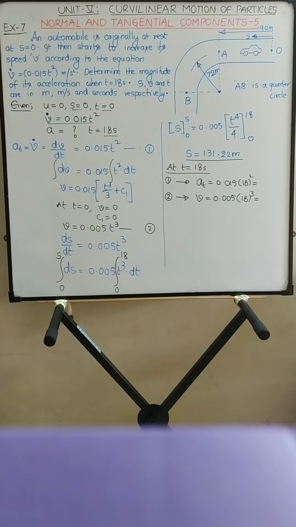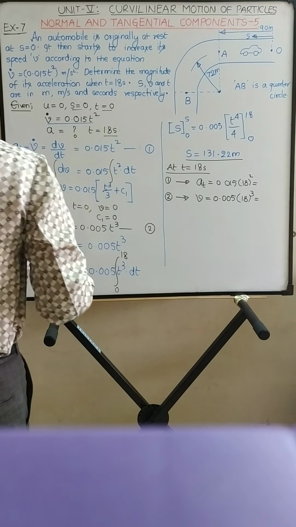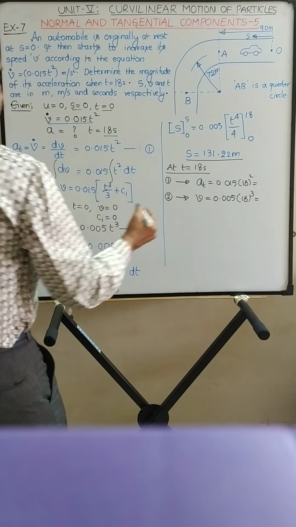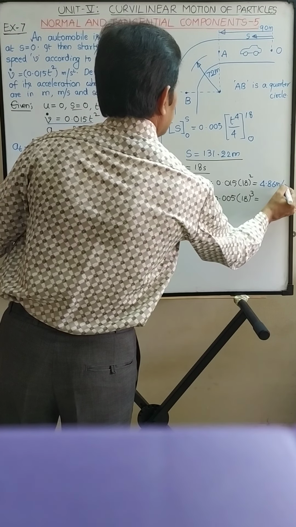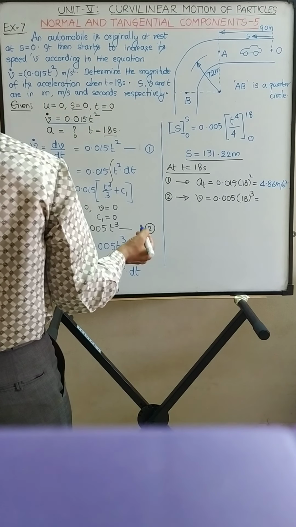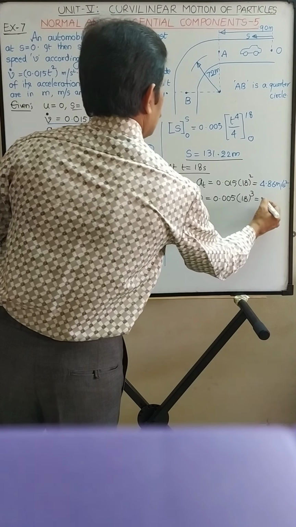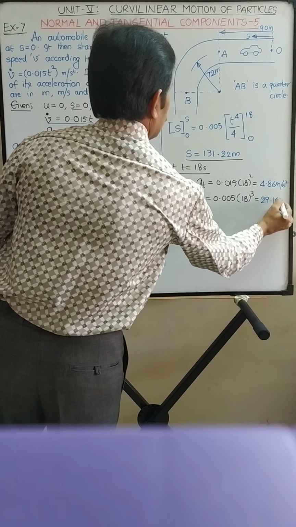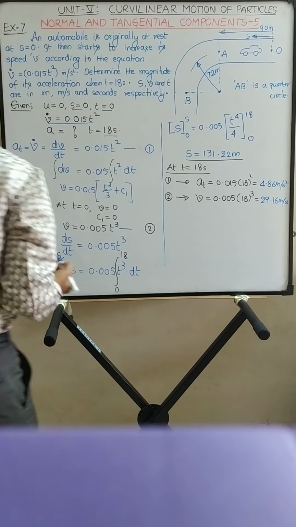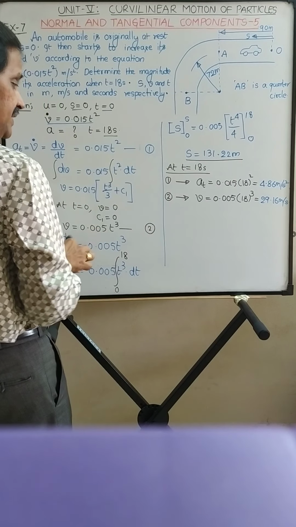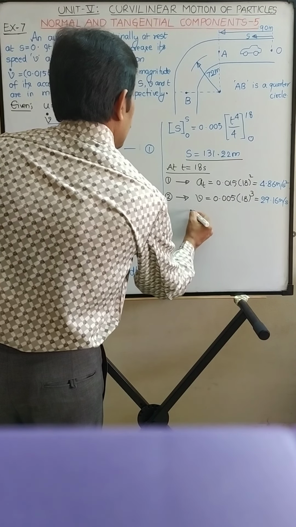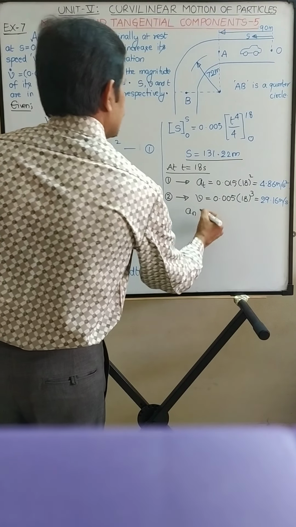So do the calculations. So we have AT 4.86 meter per second square and v is 29.16 meters per second. So this is the speed of the particle at t is equal to 18, from which we can find out the normal component of acceleration.